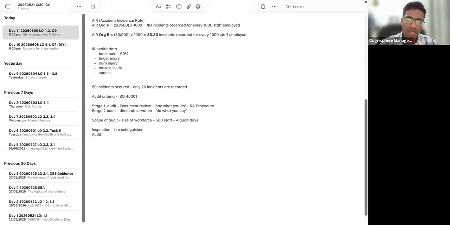But if I'm doing an audit, I will do a physical inspection of the fire extinguisher, and I would also check the extinguisher inspection record, and also any procedures, let's say for the extinguisher installation, or the contractor who would be doing the maintenance or inspections of the extinguisher.